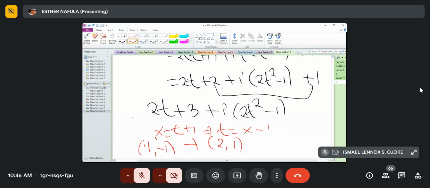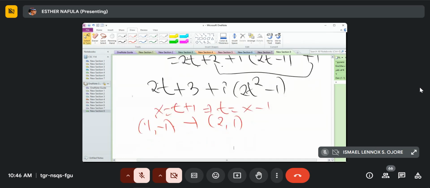These are the limits given originally: x is changing from 1 to 2, y is changing from minus 1 to 1. So using x equals t plus 1, t is x minus 1. So when x is equal to 1, t will be 1 minus 1, and that is equal to 0.